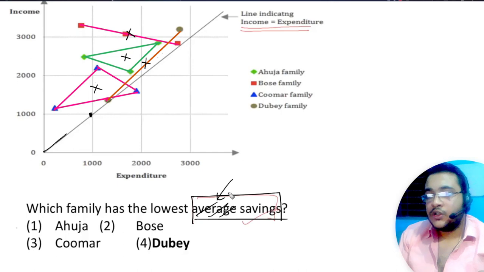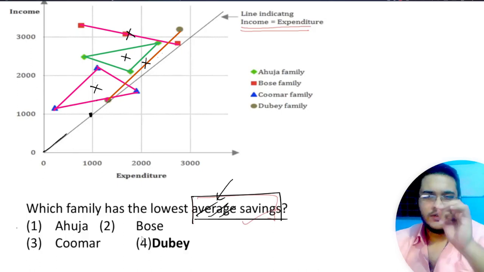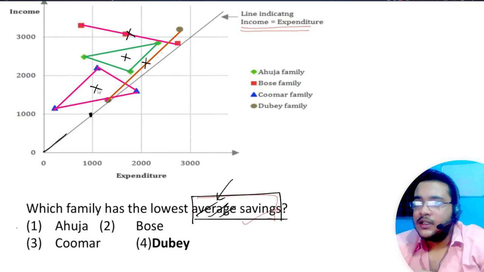So which family has the lowest saving? Can you not tell me that by simply doing one thing? Obviously you will not be able to do that in your exam condition, because in the exam you will not have this pen tool, but obviously you can visualize certain things. Just drop a perpendicular from the median to this line. Which line? The line that indicates income and expenditure.